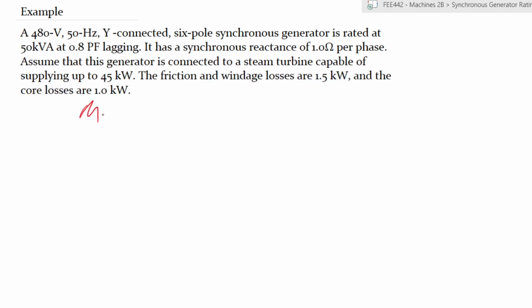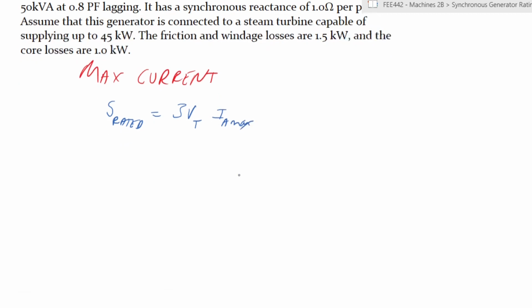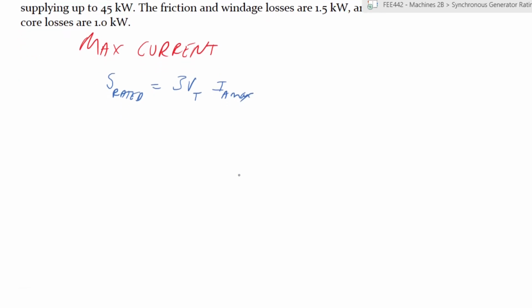So the maximum current that the generator can generate will be given by S rated being equal to 3 VT IA max, right? It will be obtained from that relationship.